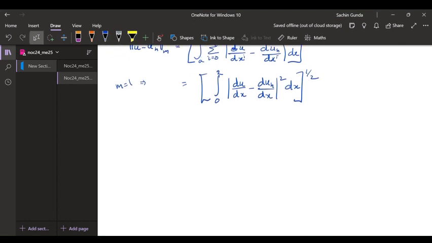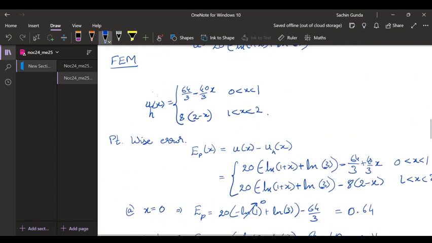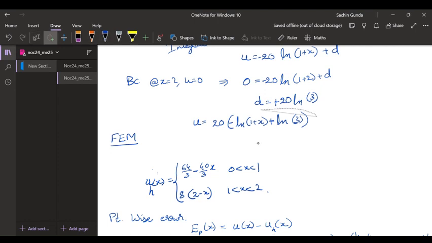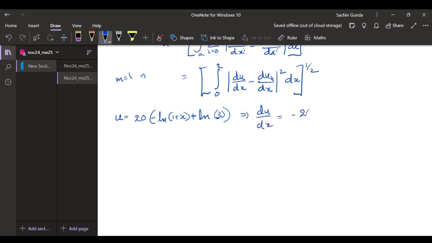Let us calculate the du by dx and duh by dx. The analytical solution is given here. So u is this one. So du by dx will be the derivative, which is nothing but minus 20, the natural log derivative is 1 by x, and the remaining is the constant.